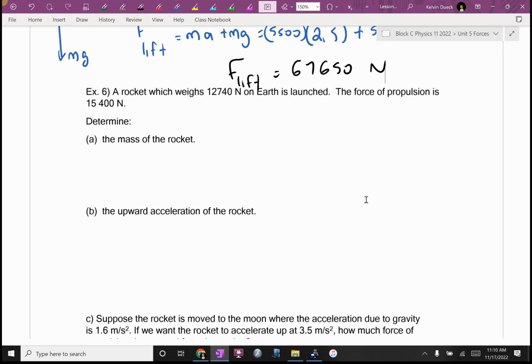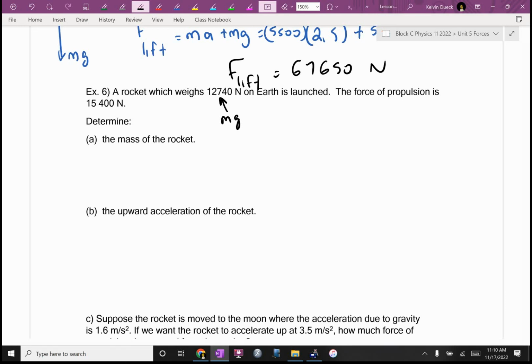What are the units next to that 12,740? What are the units for mass? I will deliberately try and snag you with this. Don't be telling me the mass is 12,740 newtons. What is this? This is the weight. This is mg.